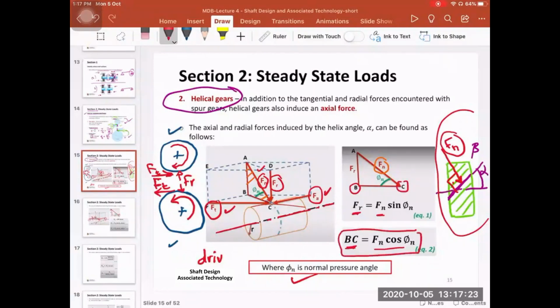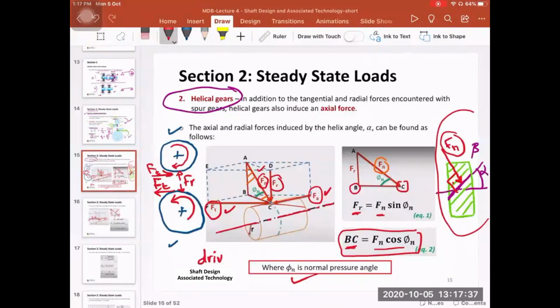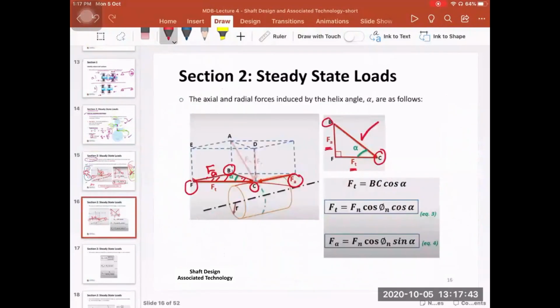So BC for us is known. Based on that and on this triangle, we can try to find a relation for FT and FA. This angle alpha is the angle between the teeth and the center line. It is the helix angle. So based on this triangle, by the Pythagoras theorem again, FT is equal to BC cosine alpha.